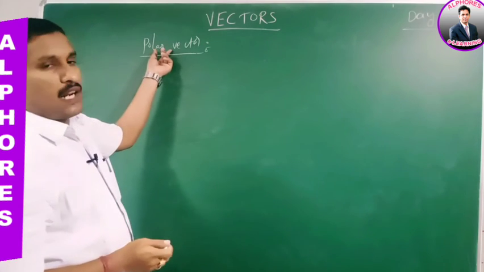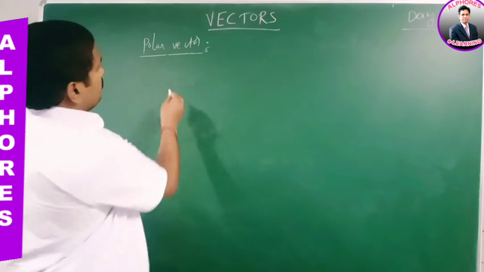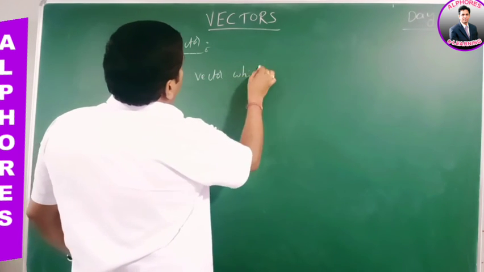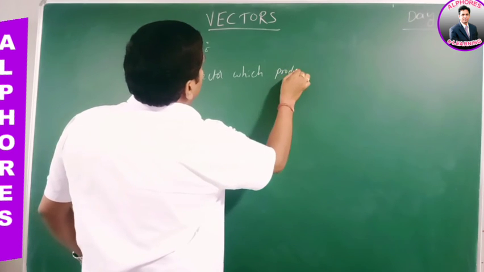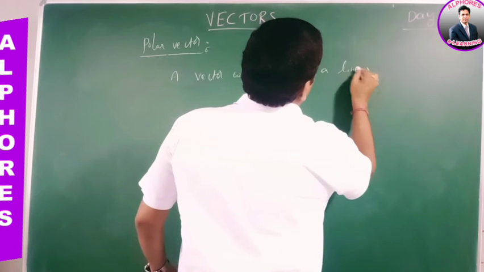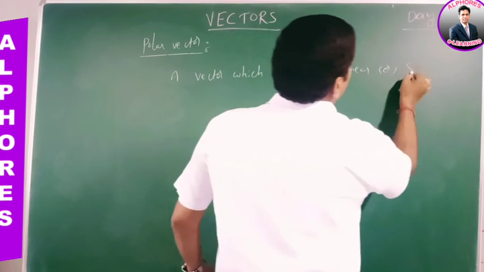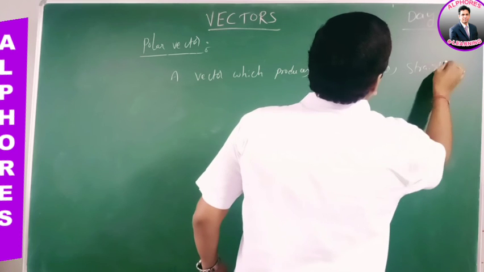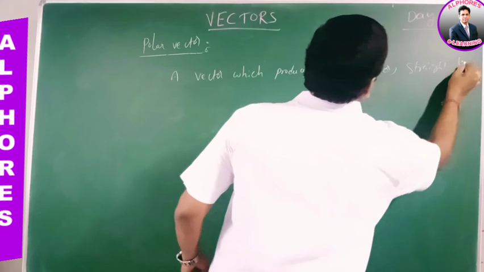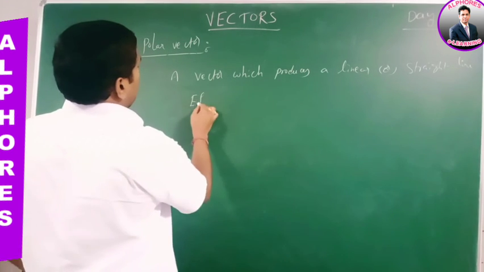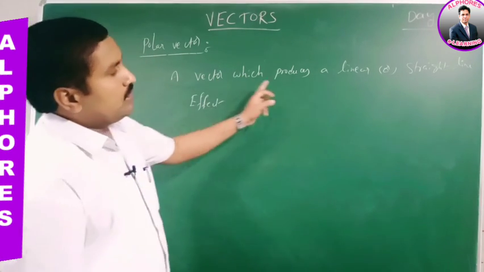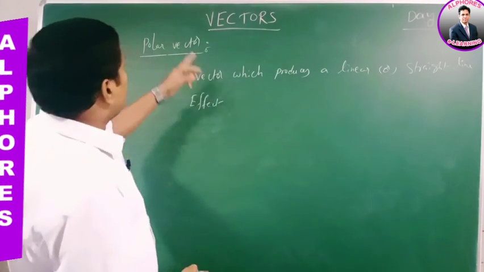Polar means straight line, a vector which produces a linear or straight line effect. A vector which produces a linear or straight line effect is said to be a polar vector.